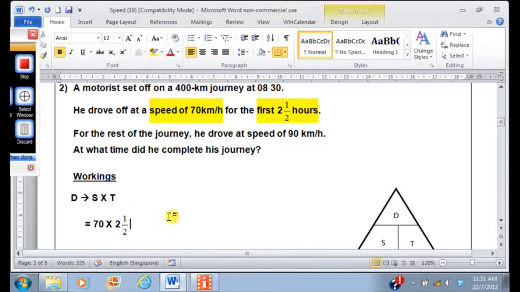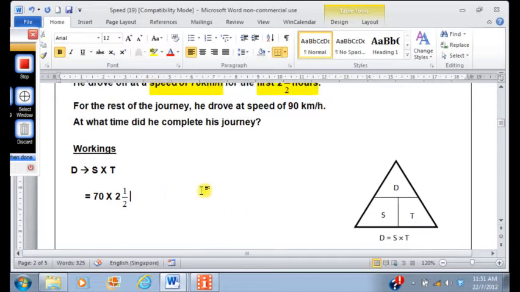Two and a half. You don't have to change the hours because your speed is given in kilometers per hour. Unless it's in minutes, you might need to change, so be careful, okay?